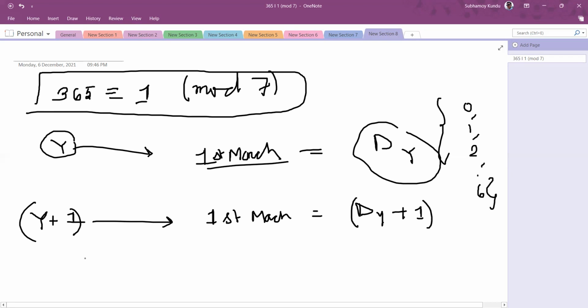That means the first March of year Y plus 1 is congruent modulo 7 to dY plus 1.